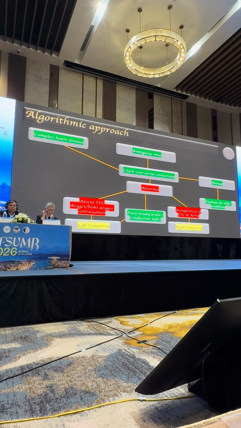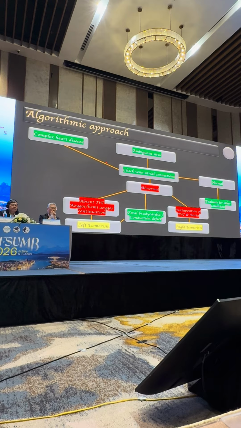To make it a much simpler, algorithmic approach, first identify situs ambiguous. Once we have identified situs ambiguous, look for the veno-atrial connections. If it is associated with complex cardiac abnormalities and there is an abnormal veno-atrial connection, such as absent inferior vena cava and azygos continuation, in that situation we are dealing with left isomerism.